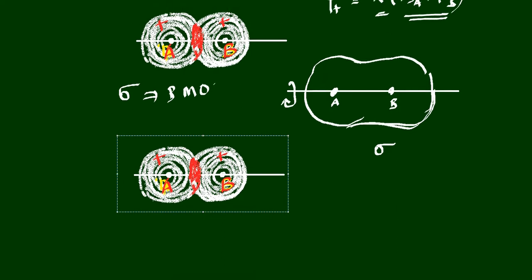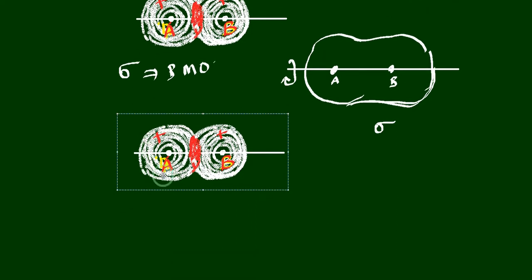Here the difference is that we again have the 1s atomic orbital of A and the 1s atomic orbital of B, but you know that here it is 1s A minus 1s B, right?